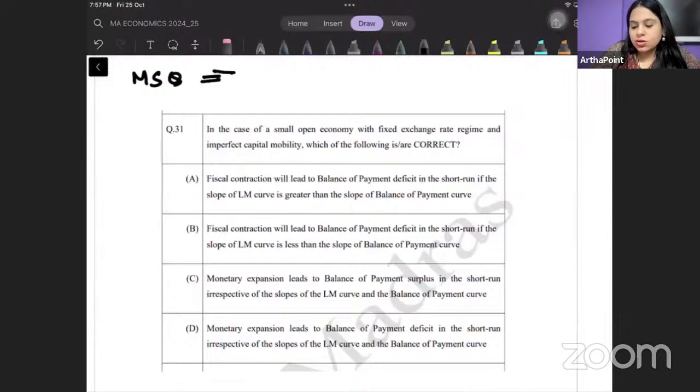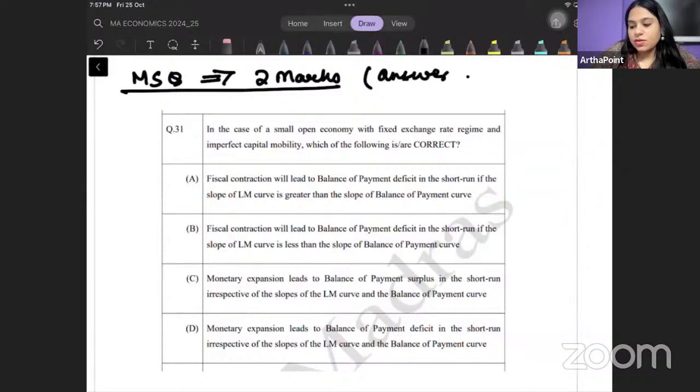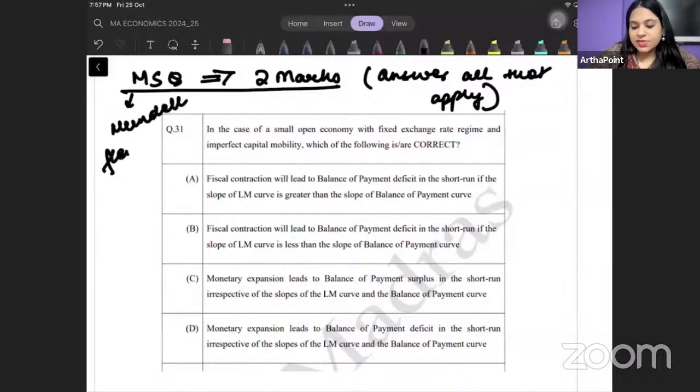MSQ question, 2 marks. Answer all that apply. This is based on what we have recently covered, the Mundell-Fleming model, all 12 cases. Give it a try.